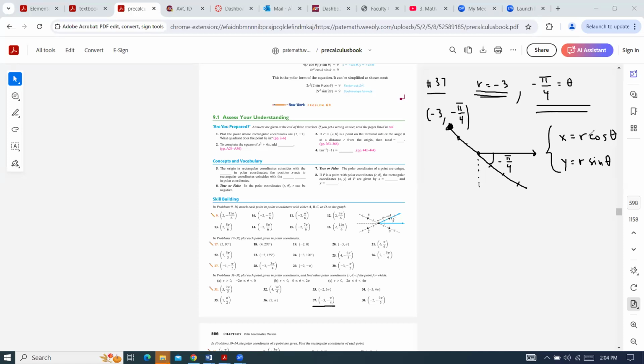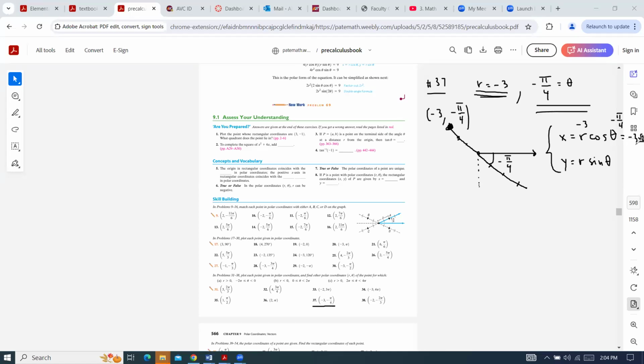And r is -3, and cosine of theta is cosine of -pi over 4, which is square root 2 over 2, so it'll be -3 times square root 2 over 2.